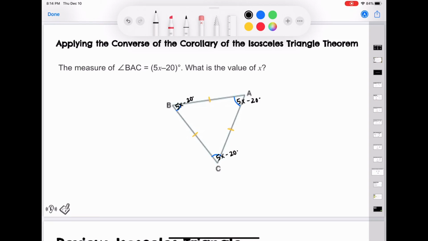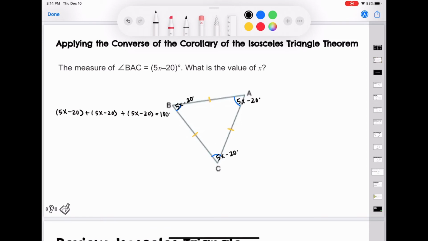So what we can ideally do is do 5x minus 20 plus 5x minus 20 plus 5x minus 20 is equal to 180 degrees.